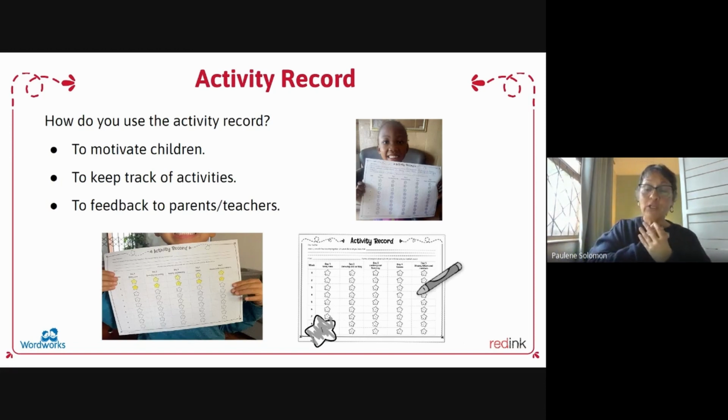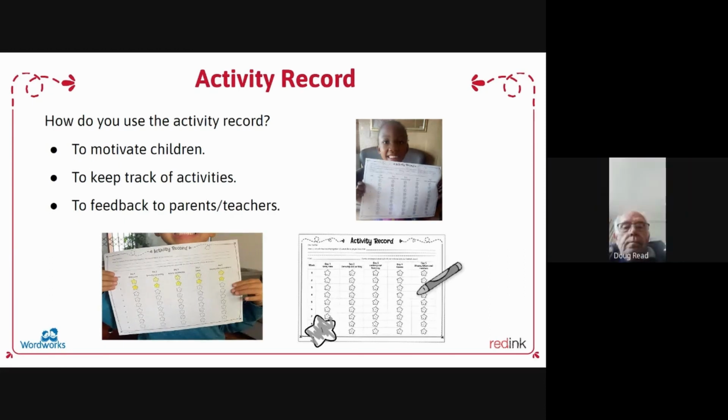So I'm mindful of the time now, and so I'm not going to do what we were going to do, which was to talk about the activity record. But the tip I want to give is, as a tutor, do that at the end of a session with the child. So they've done the story time. Then before you go home to tell mom what we did, let's color it in, choose your favorite crayon, color it in.